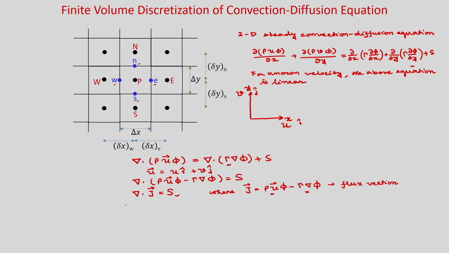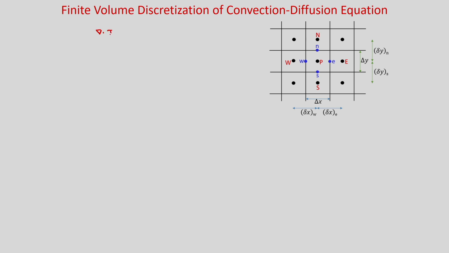So, first integrate over this control volume. Divergence of J is equal to S, we integrate over the main cell P: volume integral of divergence of J dV is equal to volume integral of S dV.